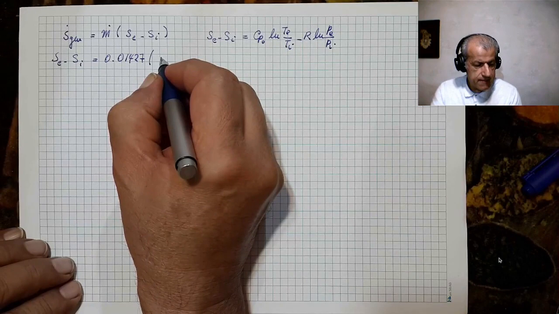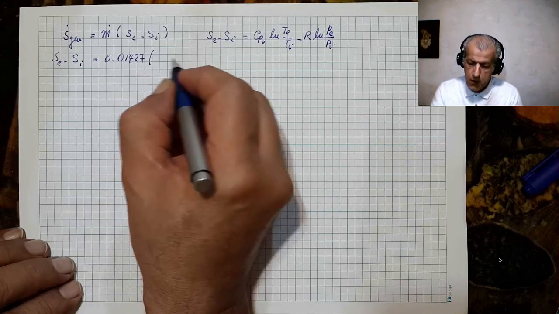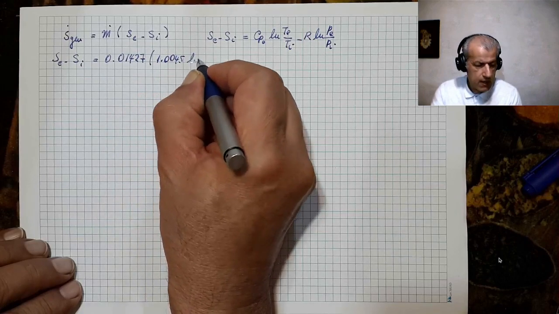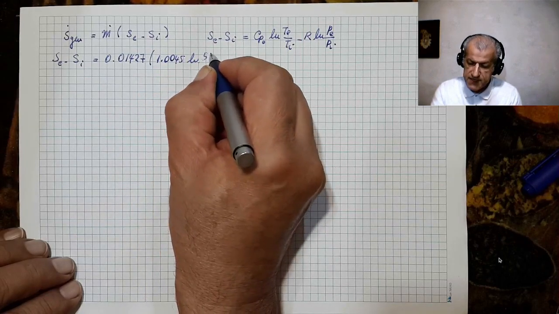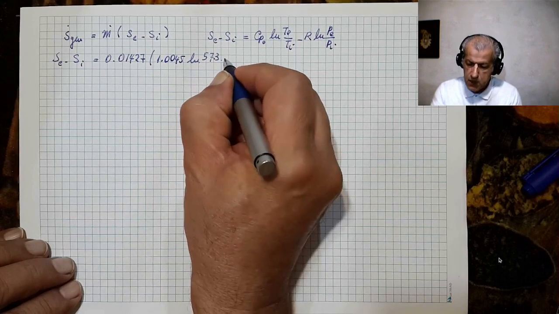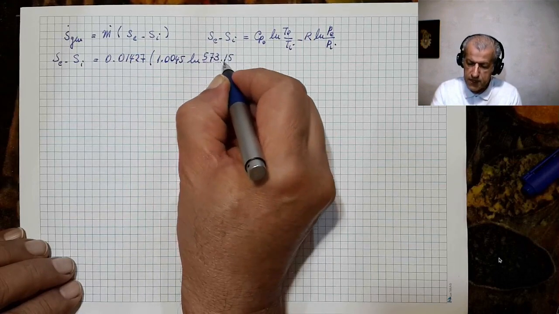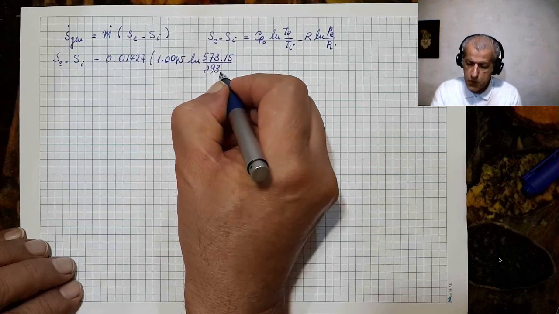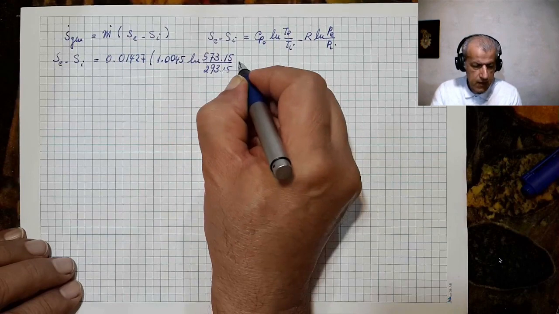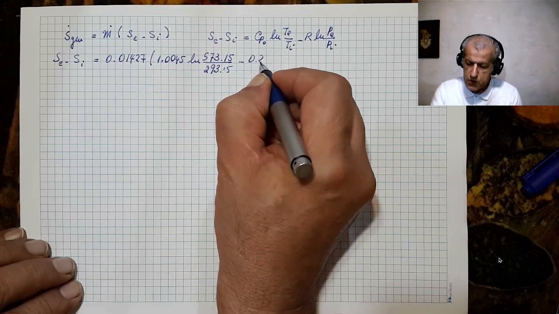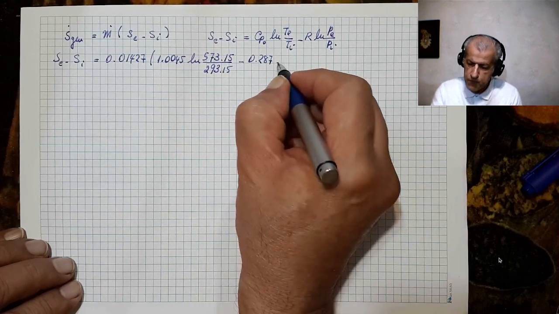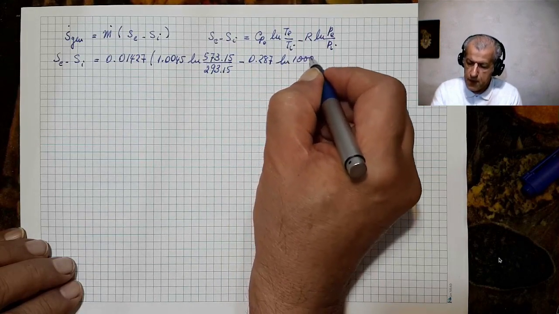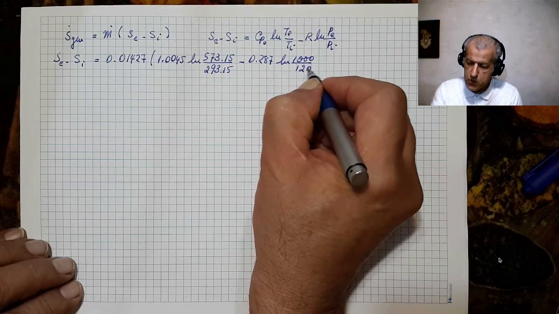And this is 1.0045 ln 573.15 divided by 293.15 minus 0.287 ln 1000 over 120.